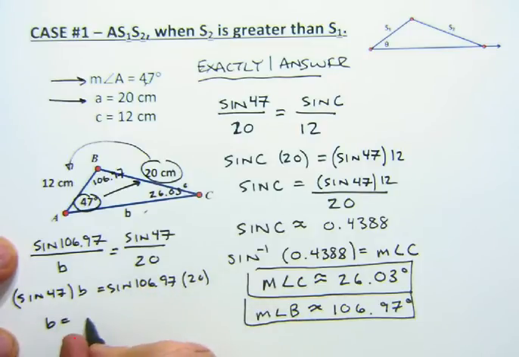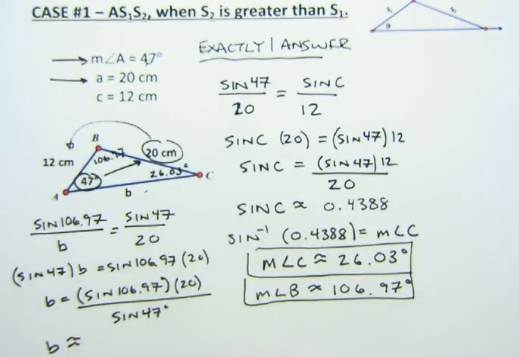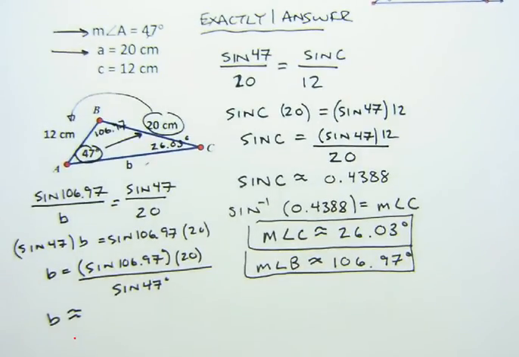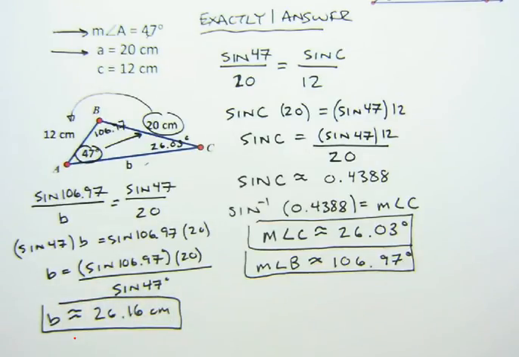Divide both sides, we get the sine of 106.97 times 20 divided by the sine of 47. And again, we get B approximately at the value of 26.16.